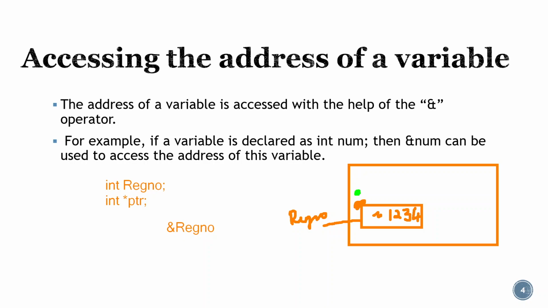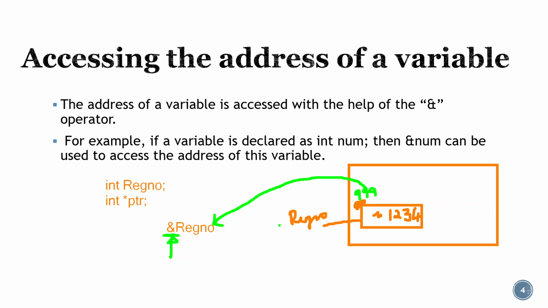Instead, I am interested in the memory address. Let's say this is 999. I am interested in that 999. How can I get to this 999? I am going to ask this reg number, give me the address, and who is going to give me the address? This particular ampersand. The ampersand operator is called address of operator. It is going to give me the address of that particular location.